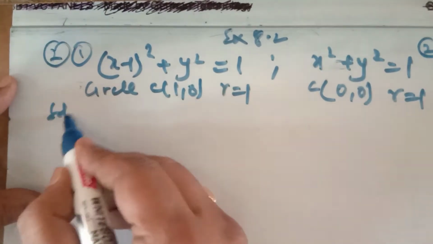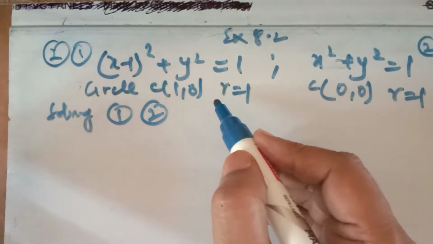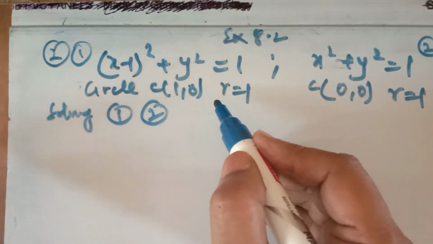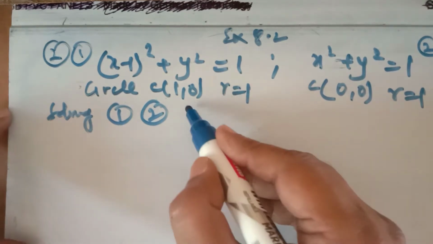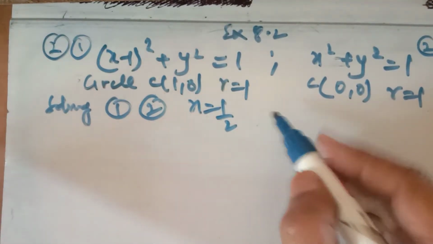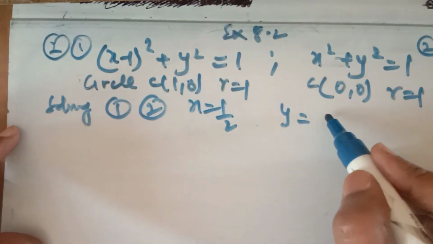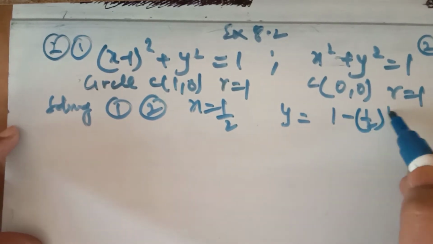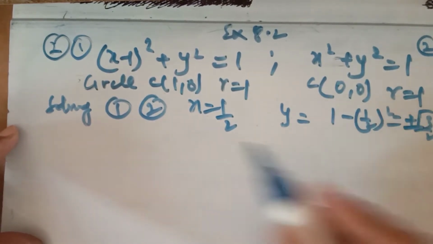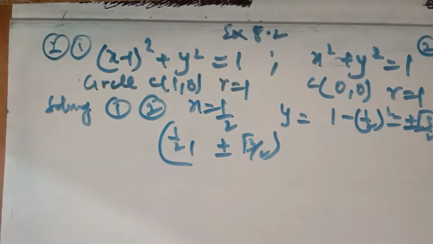If you solve them by any method, you get their point of intersection with x value half, and y will be root of 1 minus half whole square, that is plus minus root 3 by 2. So half, plus minus root 3 by 2 is the point of intersection.